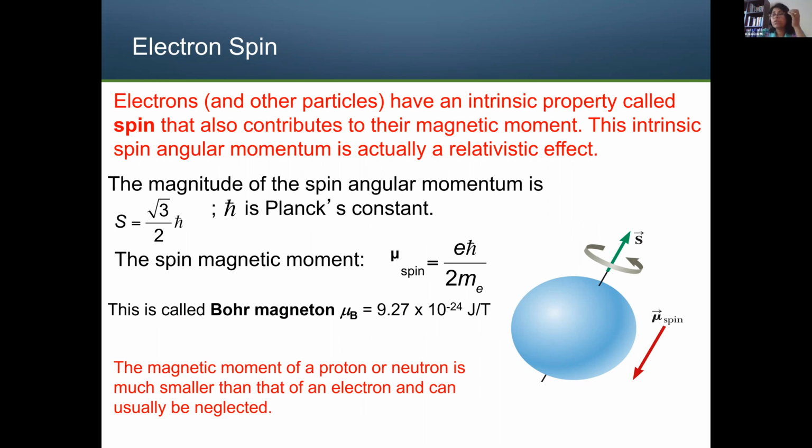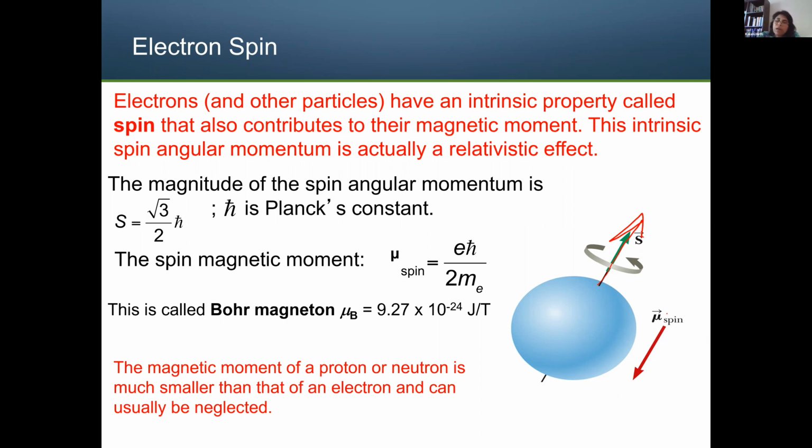So now because of this electron spinning, there is a spin magnetic moment and there is a spin angular momentum. So now the spin angular momentum will be pointing this way, similar to the way that you use your right hand with the fingers where the velocity direction is, then the thumb will give you the direction of the angular momentum.